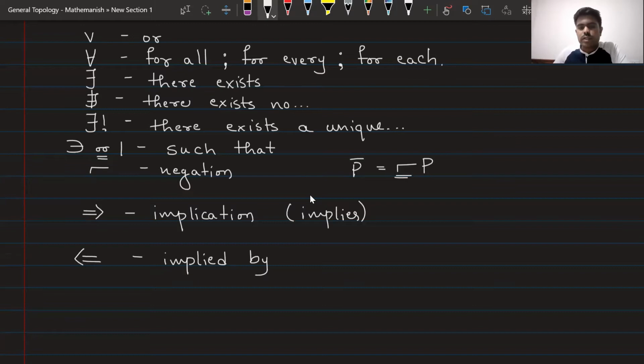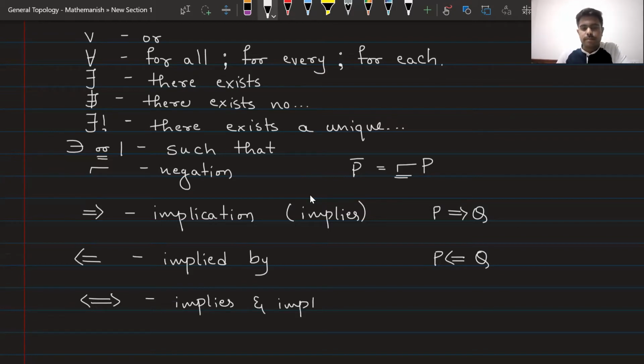So if I have two statements, let's say P and Q, if I write like this it means P implies Q. And if I write the other way, this means P is implied by Q. And if I write it like this, then this means implies and implied by.